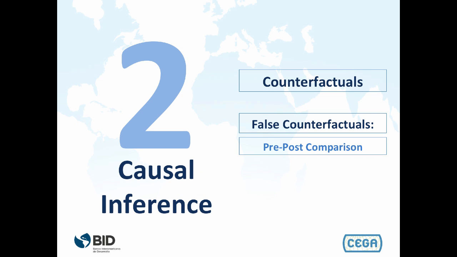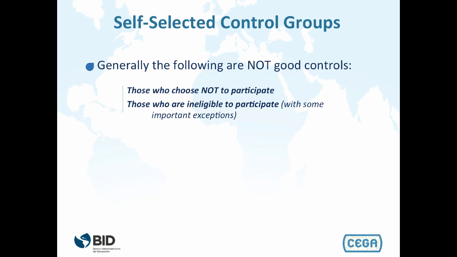Let's now turn to a second false counterfactual. And this is a problem where we have self-selection, and I might think of it as comparing apples to oranges. The big problem with self-selected groups is we're going to be comparing those who chose to participate to those who chose not to participate, or those who are ineligible, with some important exceptions.